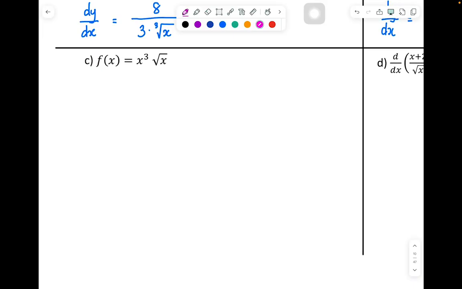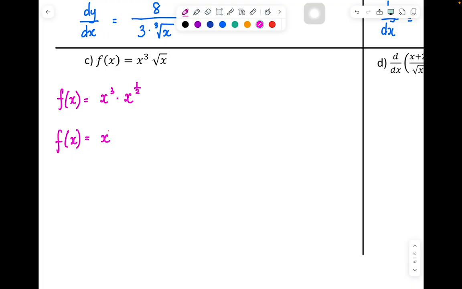In this one here, we see a surd. We need to express it as a rational power. So we're going to keep f of x, but express this as x to the power of a half. Now, we can also simplify this.